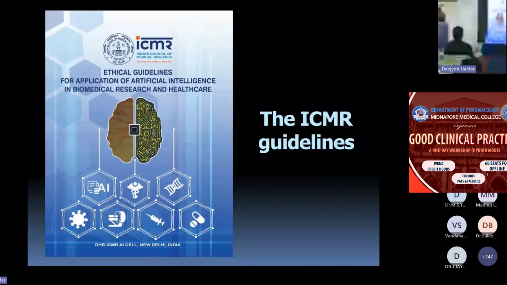I have to admit, I have not gone through these guidelines myself. They are relatively new, but they are making themselves future proof, because artificial intelligence and machine learning are going to impact the field of clinical research in a big way. It is anticipated.